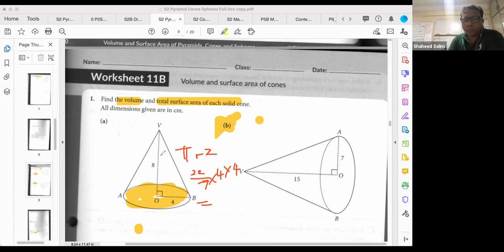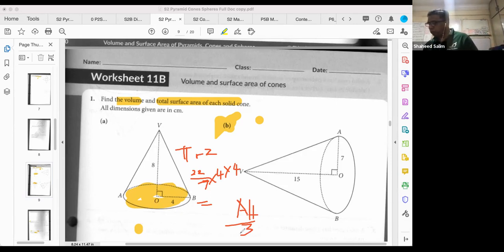Okay. Now, the formula for volume. So you have the area here. Formula for volume: area times height divided by 3. So you take 50.3, you need to times the height divided by 3.